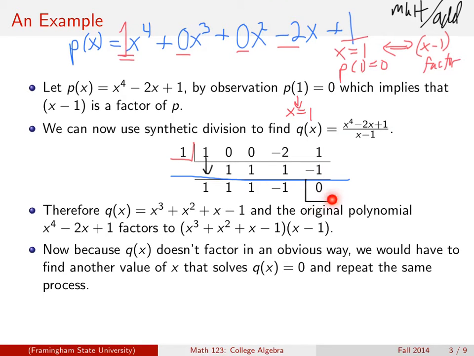You need a 0 at the end in order for you to know or verify that x equals 1 is in fact a solution or a 0. If you were to do all this hard work and get a number here that was non-zero, either one of two things happened. Either you found something that you thought was a 0, but it isn't a 0, or you made some mistake in terms of your bringing down, multiplying, adding.